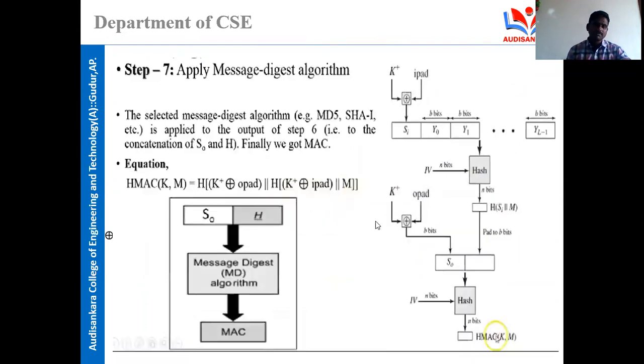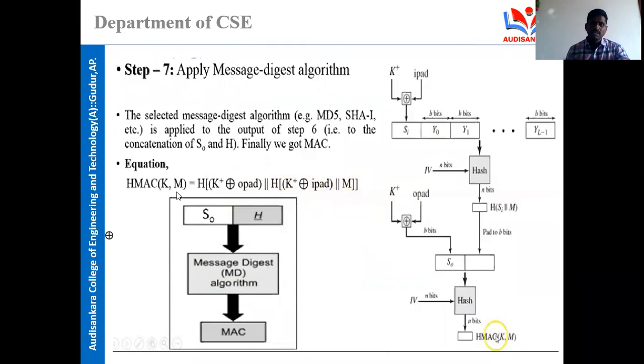Both are the same. In step 7, you are applying the message digest algorithm once again. The second time we are applying this message digest algorithm. After performing it, you will get the HMAC code. HMAC, that is the final output.